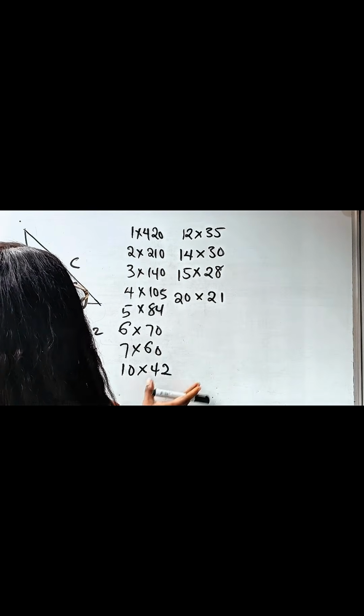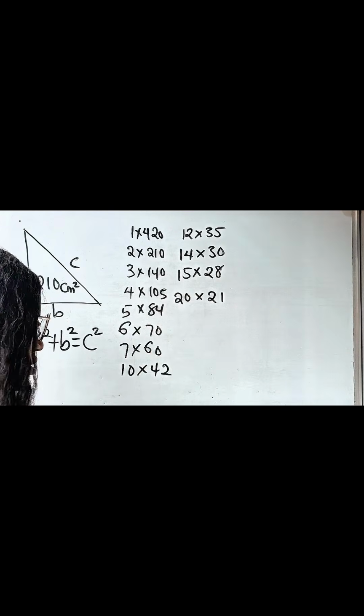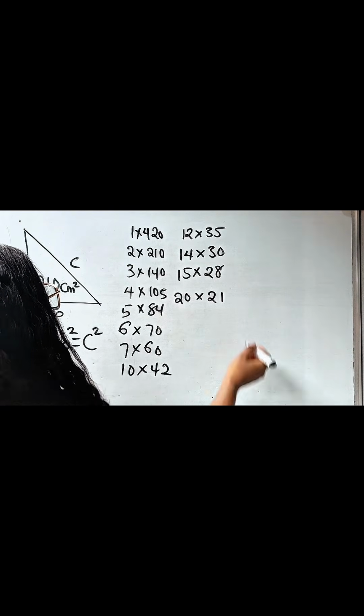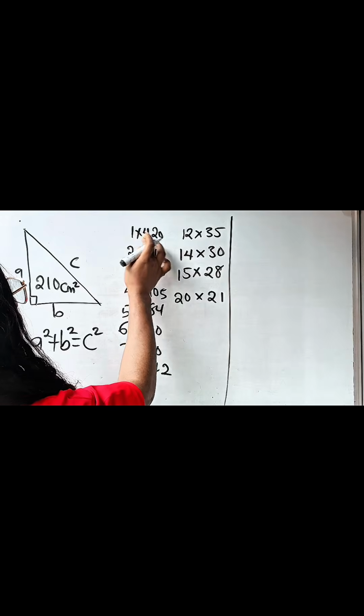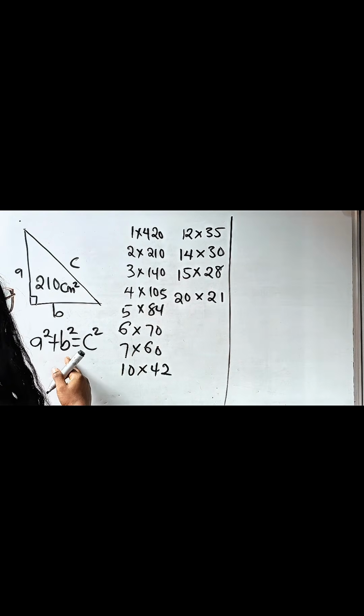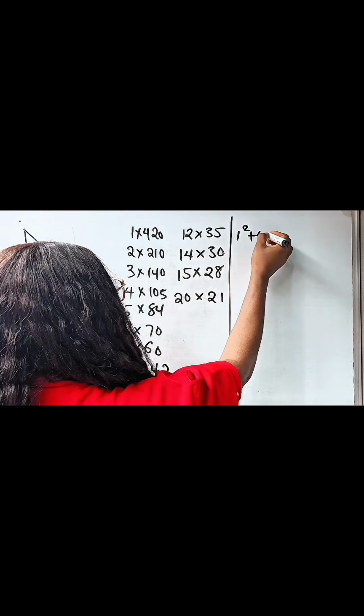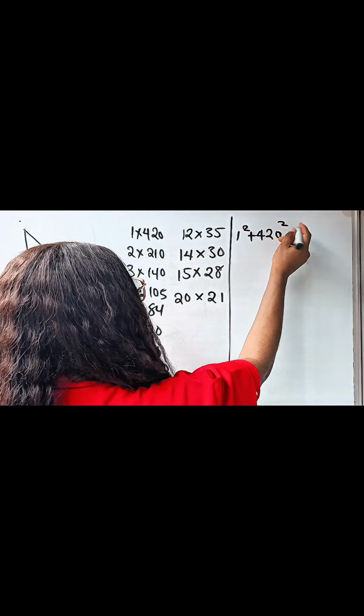So looking at what we have, these sets of factor pairs. Now let's go straight to the point. When we are looking at 1 times 420, that means we are taking a to be 1 and b to be 420, right? So we have 1 squared plus 420 squared.